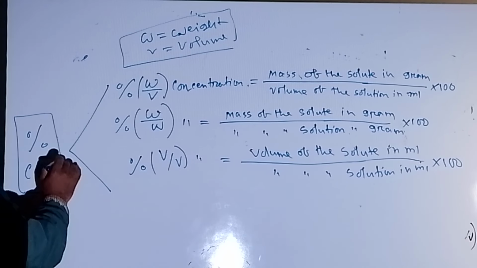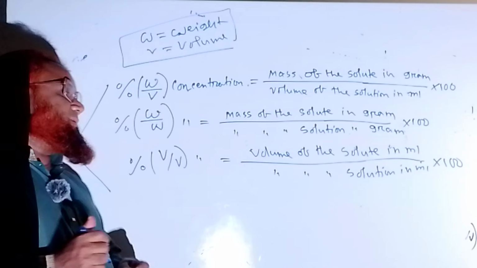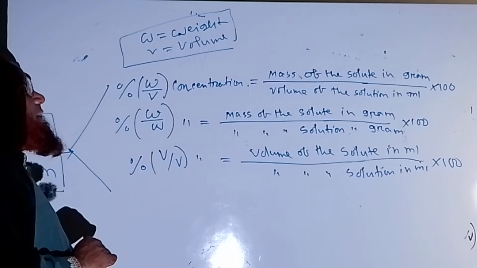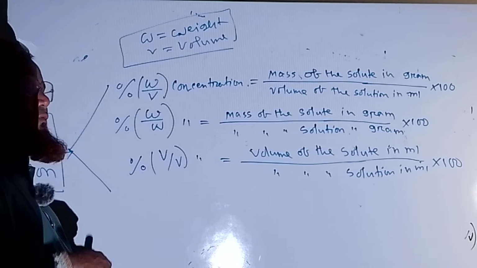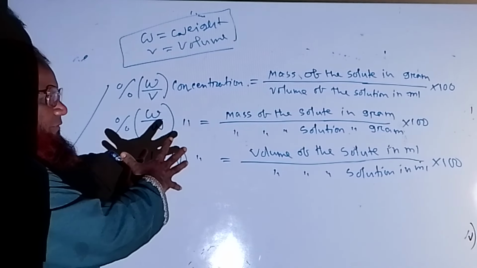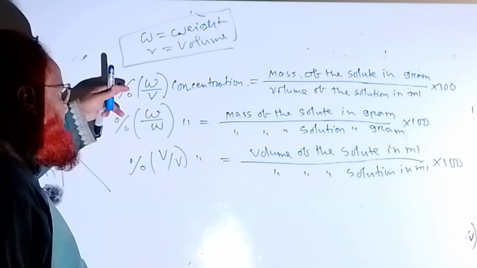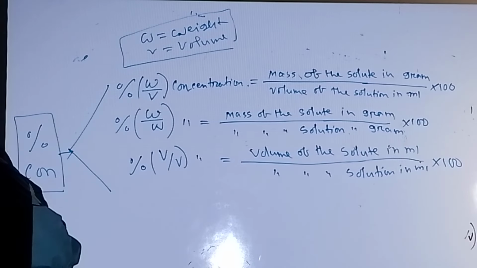So my dear student, we can express percentage concentration units in these three ways. Now what should be the example of these types of concentration? This is the formula. Now we will discuss three examples related to this expression.